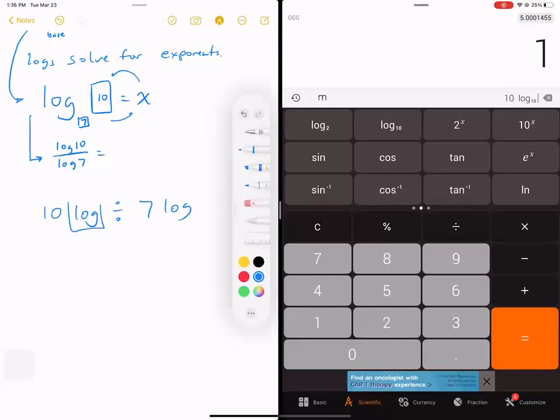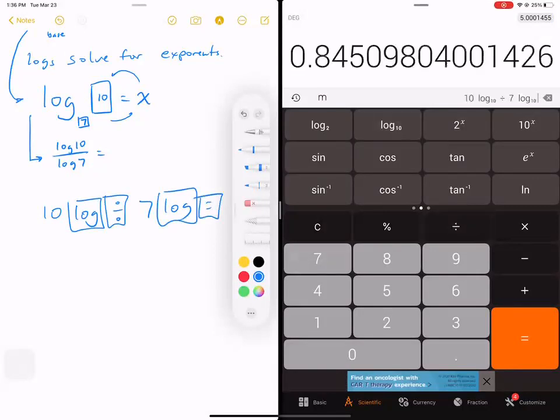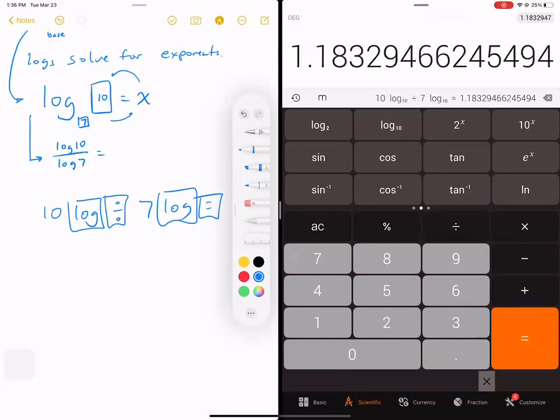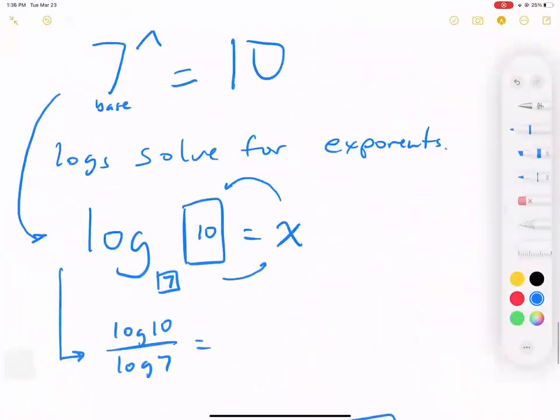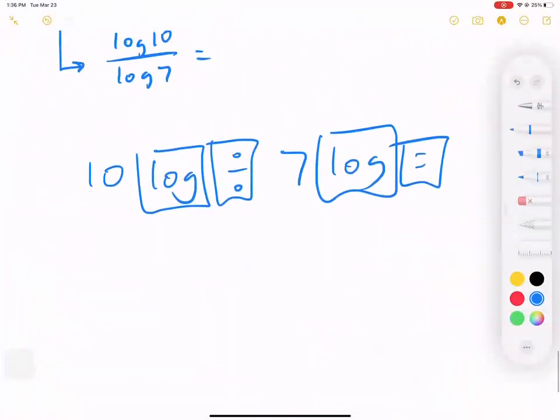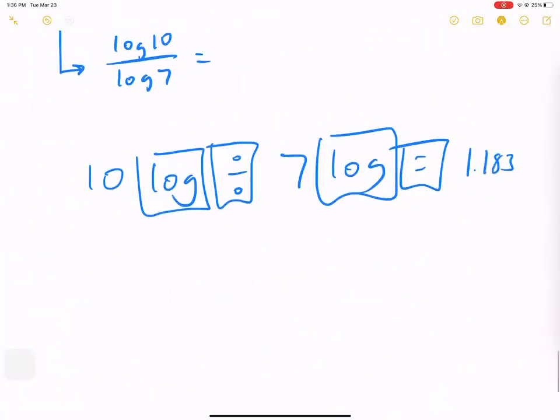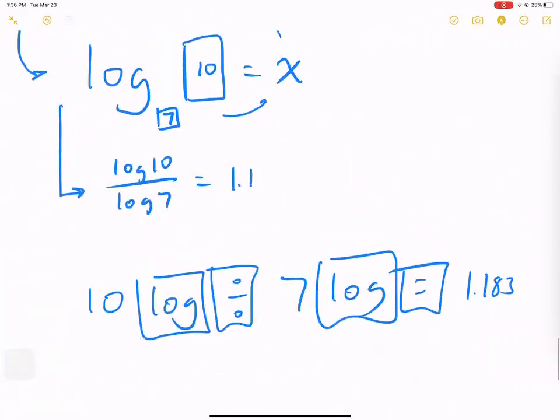That's what you're typing in your calculator, and then hit the equal at the end. And my answer is 1.183.